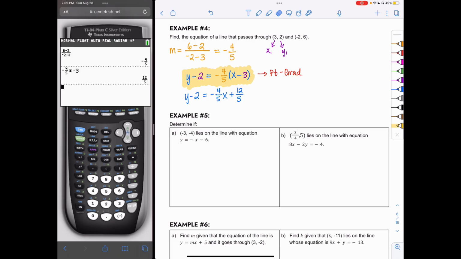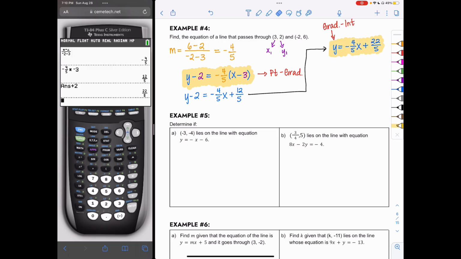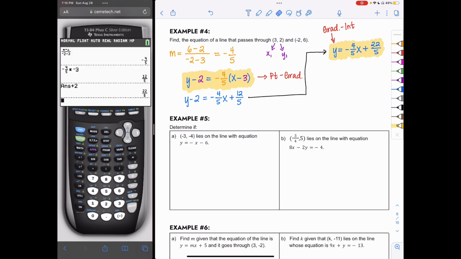Then we add 2 on both sides. If I take 12 over 5 and add 2 to it, I get 22 over 5. So I will have y is equal to negative 4 over 5x plus 22 over 5. This is my gradient intercept form.